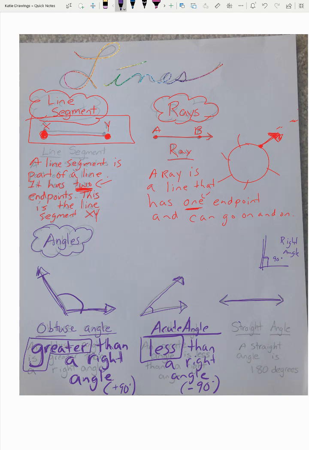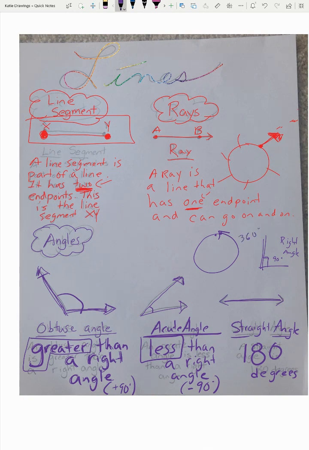And then a straight angle, you'll always know the exact degree of a straight angle, because it's always going to be 180 degrees. Because if you think about a circle, from the start to the end is 360 degrees.